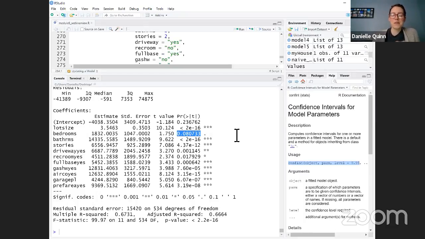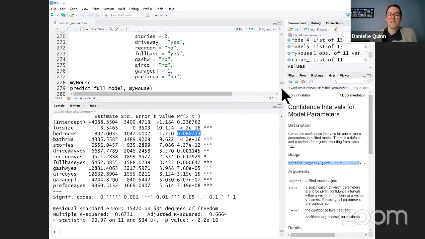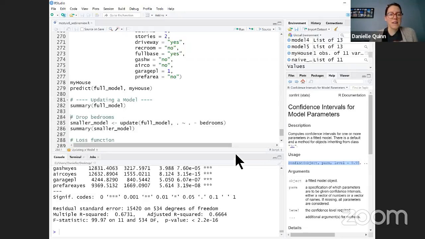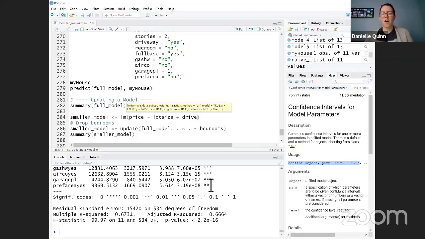And so maybe what we do is say, let's try dropping bedrooms from the model and see if the model's any better. What you could do is say, okay, I want to have something called my smaller model. I want that to be a linear model of price versus, I don't remember them all now, lot size plus driveway, on and on and on, type them all out except for bedrooms.